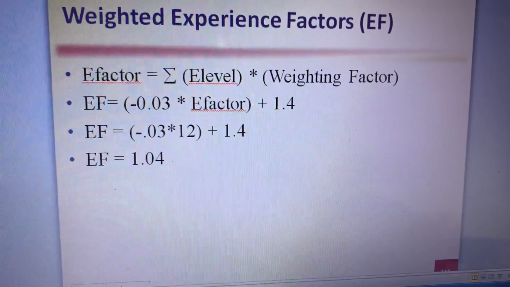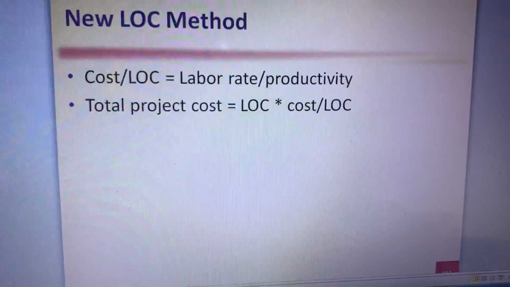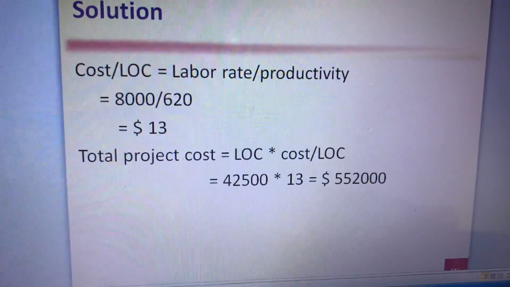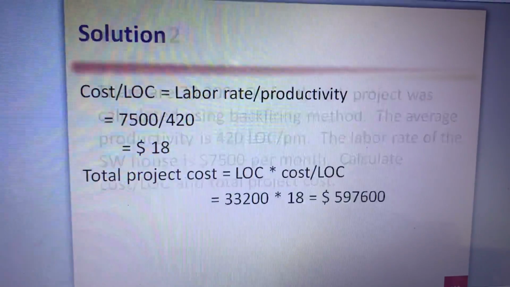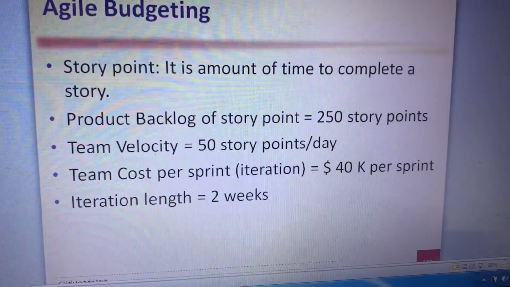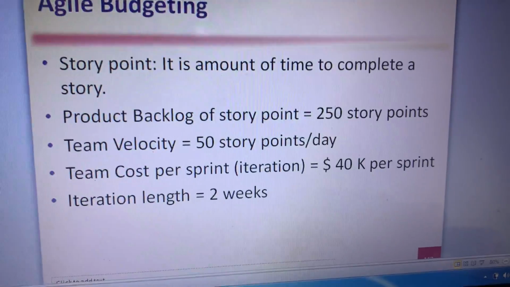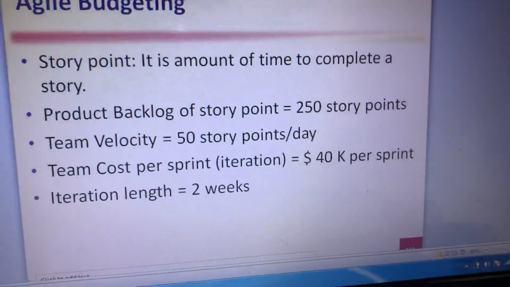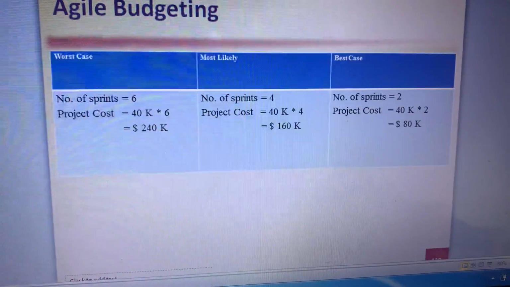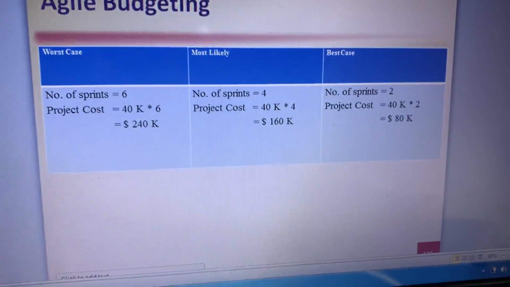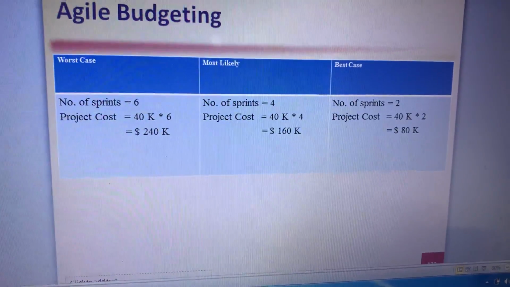Then you have Agile estimation. So that's the new line of code we just covered. We have story points, and the company knows how much cost they are spending per sprint. For example, it's 40K, and we have worst case, most likely, and the best case.